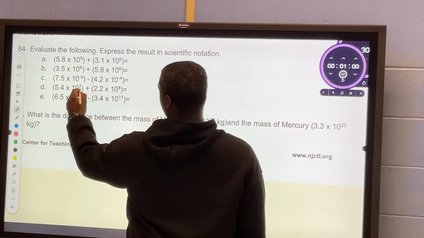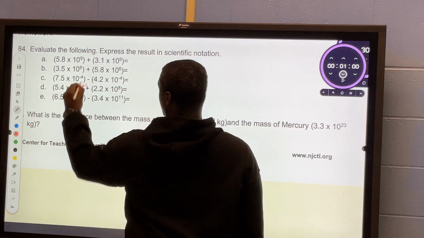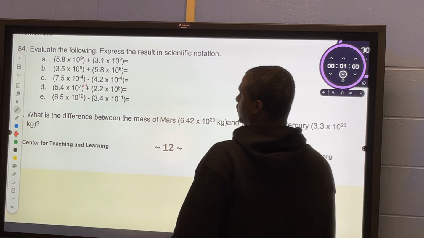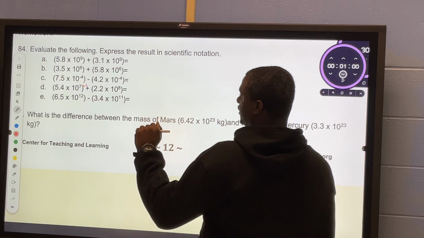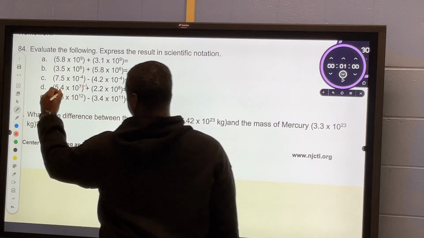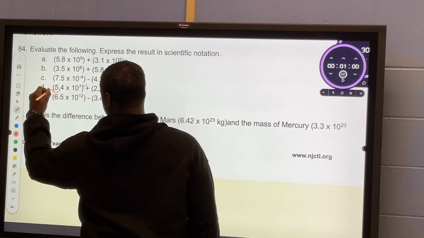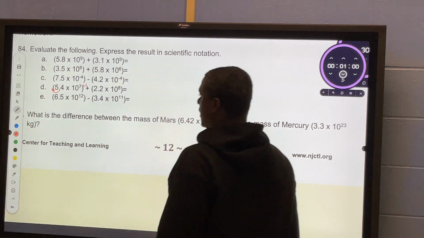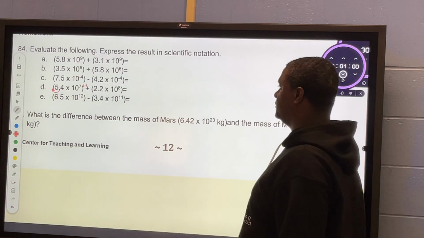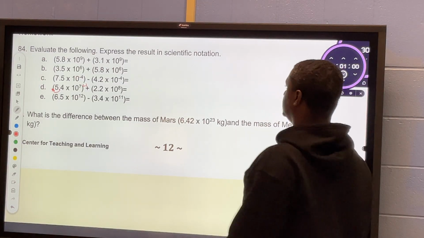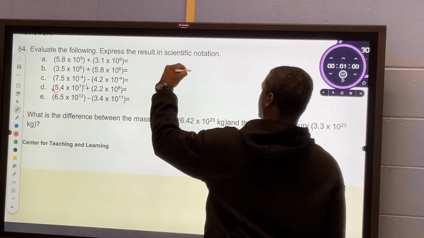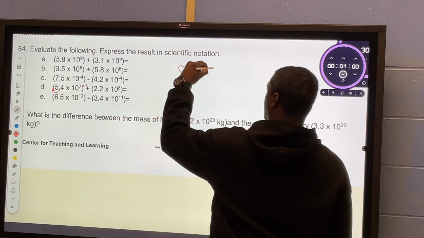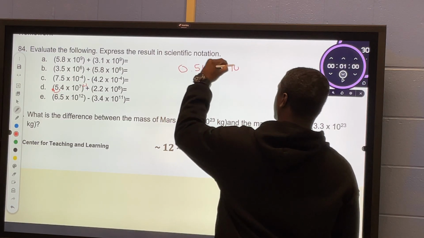I need to go up 1, right? So how many places to the left do I need to go? 1 place to the left. What is my new coefficient for D? 0.54 times 10 to the what power?